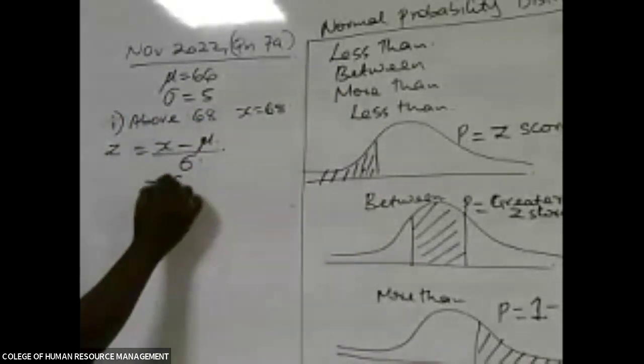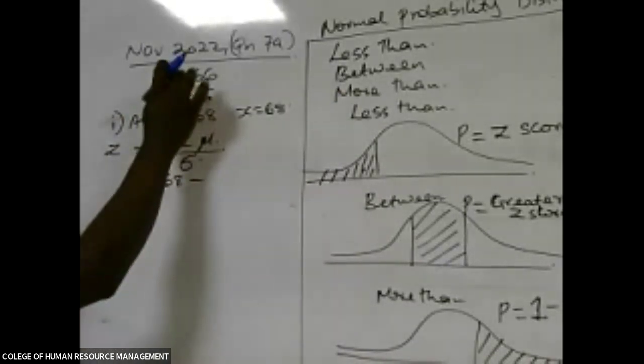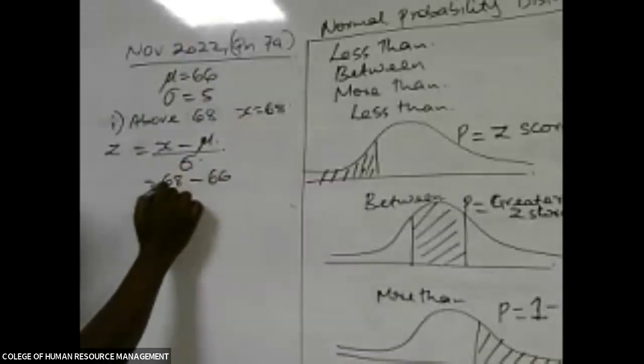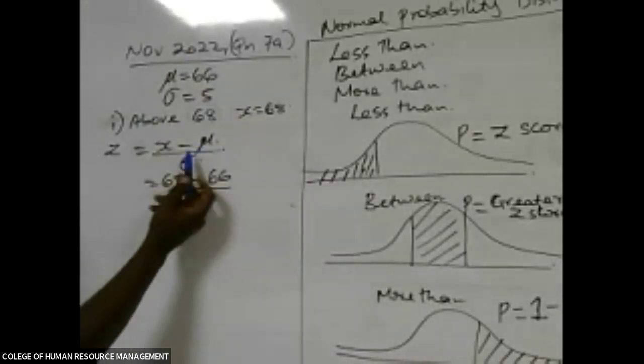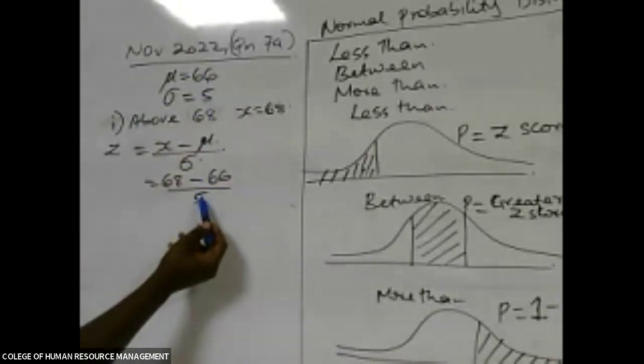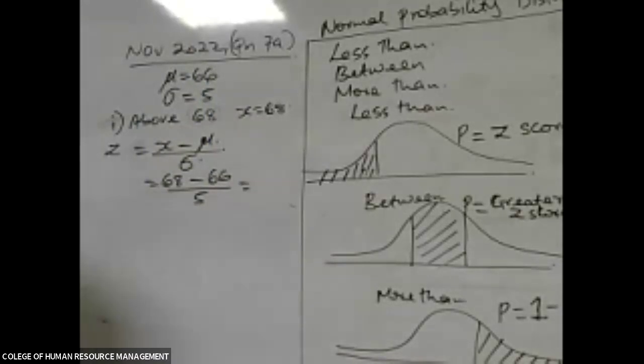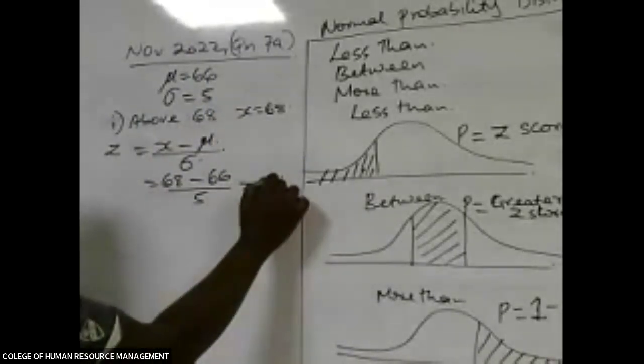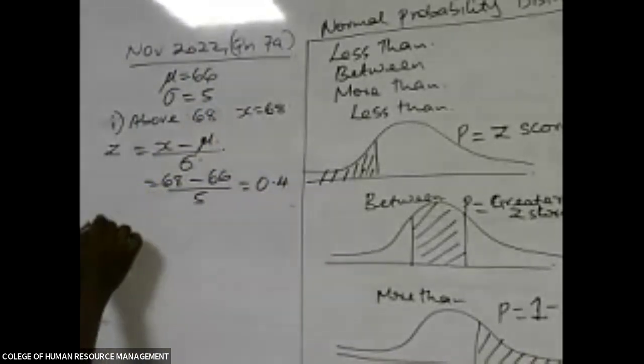So you will do 68 minus 66 divided by 5. X is 68, mean is 66, standard deviation is 5. So what do you get? 68 minus 66 divided by 5, you get 0.4. So you get the z-score.